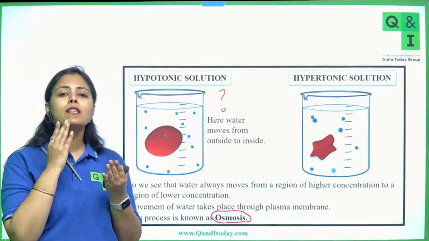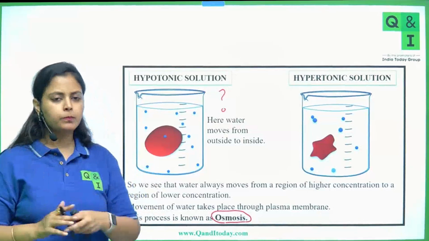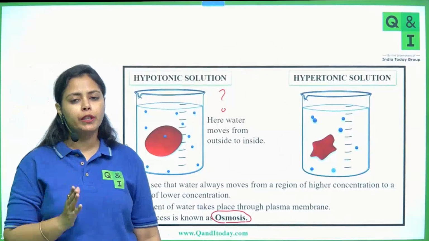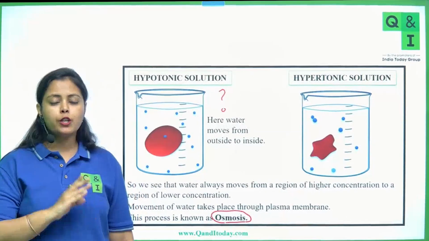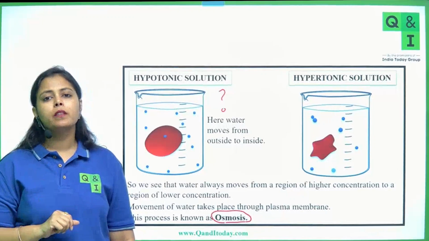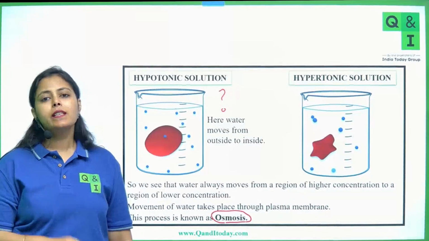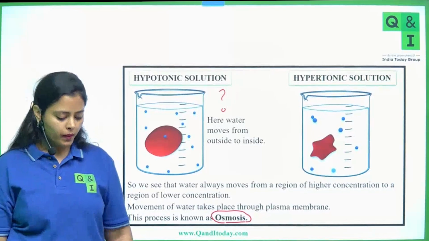Second, across a semi-permeable membrane. Yes, Anna? The movement of water from the region of high concentration to low concentration across a semi-permeable membrane is called osmosis. Okay?